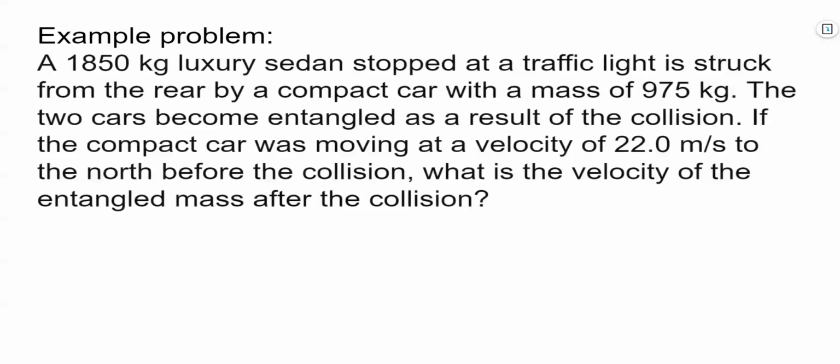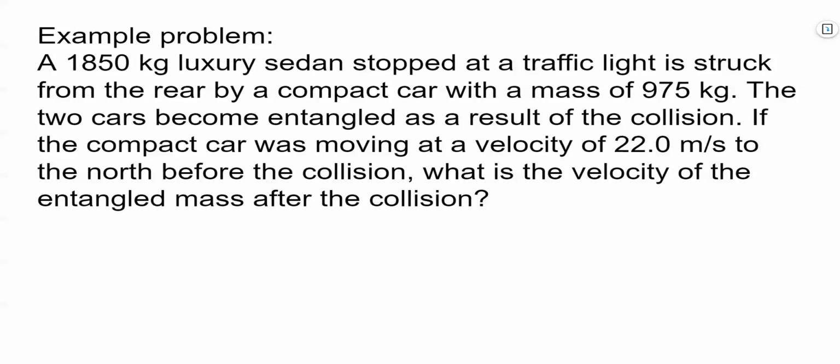Let's do an example problem with this. Imagine a 1,800 kilogram luxury sedan is stopped at a traffic light, and this little compact car comes up behind it with a mass of 975 kilograms, and it strikes that car, and as a result, they become essentially combined.